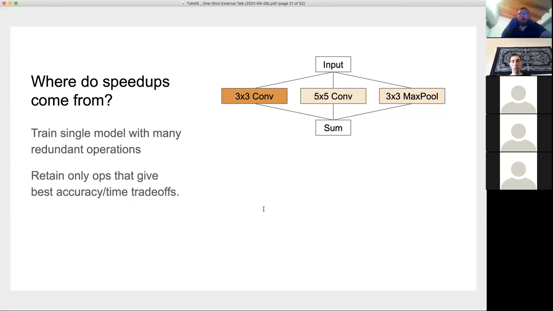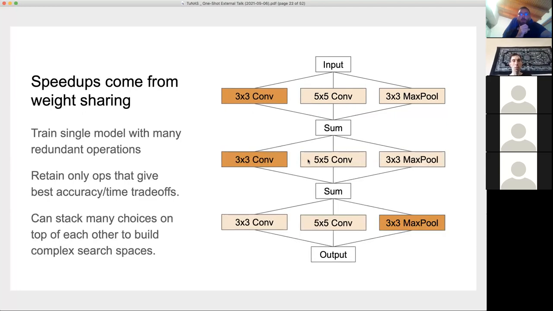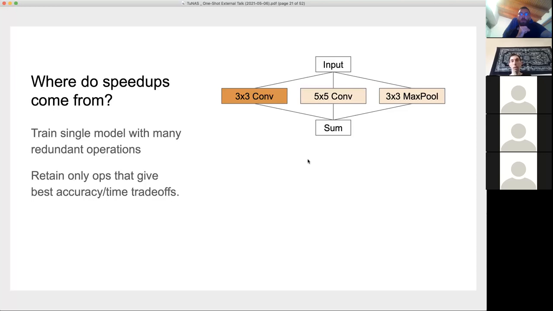But the idea behind weight sharing is to instead train a single large network where we apply all 3 operations to the same input and then add the results together. And then we can simulate a network containing, say, just a 3x3 convolution by zeroing out the outputs of the other 2 operations. So in this case, I basically replaced 3 small networks with 1 large one.